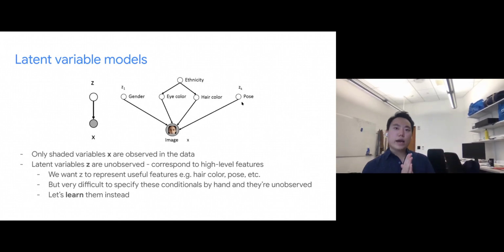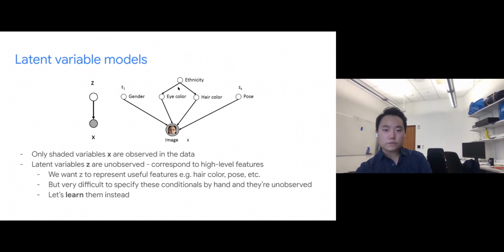Ideally, if you had a lot of domain knowledge about these face images, and you had lots of data, then you could define a generative model exactly. You could define this latent variable model. You could have some variables like gender. You could have a hierarchy where ethnicity determines both eye color and hair color, and you would have pose. And together, pose, eye and hair color, and gender would generate your image.